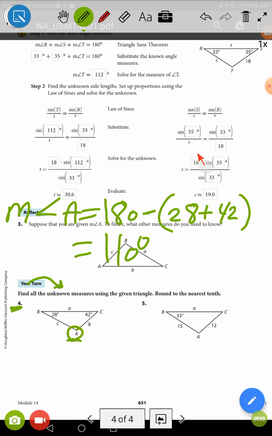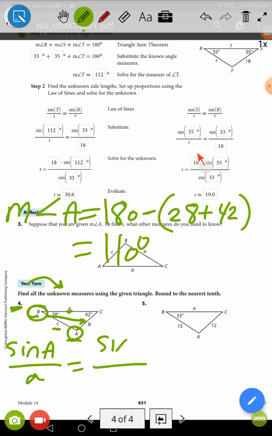Okay, then how to find A or C? We will use sine B over its opposite B, because it's given. If we want to find A, I will write sine A over A equals sine B over B. Then instead of angle A I write 110.